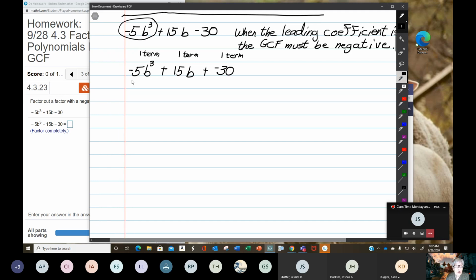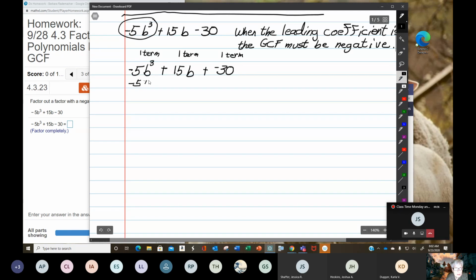This GCF is already negative. In fact, that's the reason I'm going to have to do what I'm doing. But I have to find a negative number to take out of here.